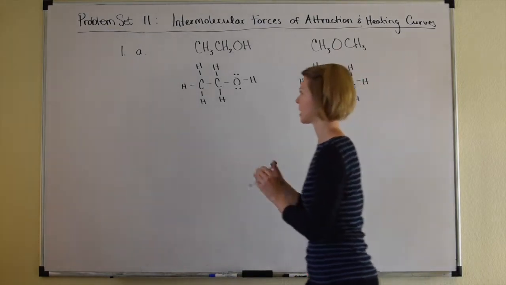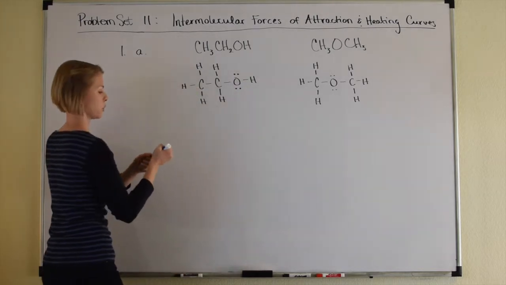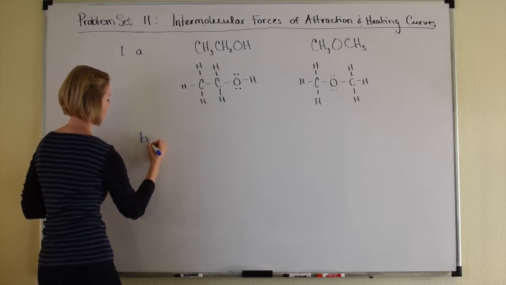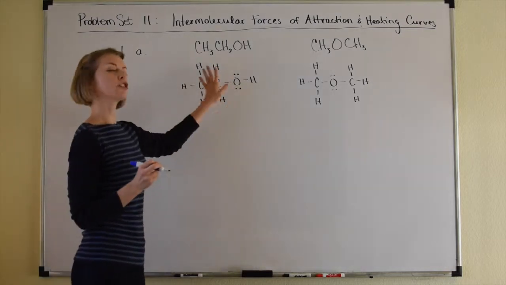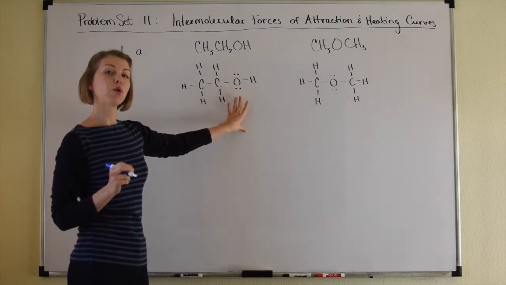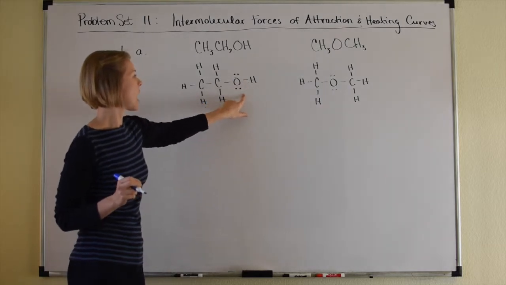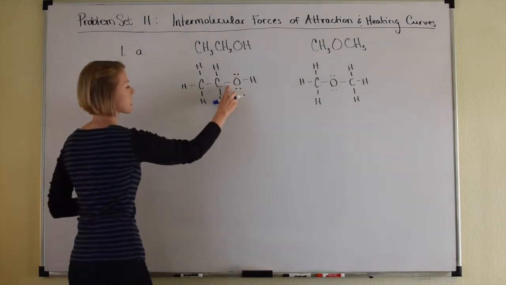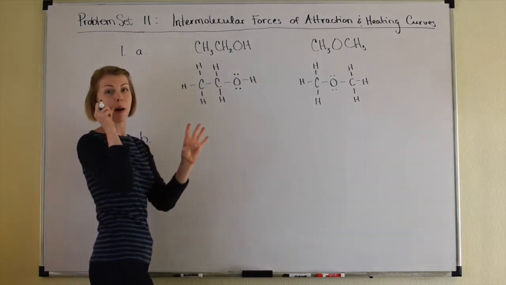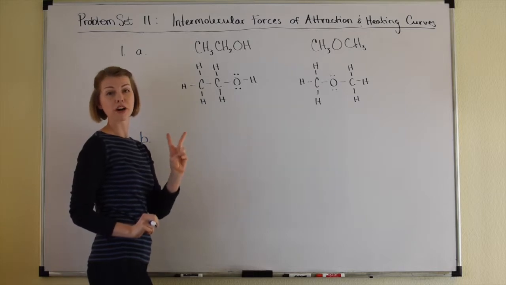Okay, so let's do B in a different color here. Do B in blue. What I want to do first is go ahead and redraw these 2 molecules and show the molecular geometry about the oxygen atom. In this case, we can see that we have 1, 2, 3, 4 charge clouds about the oxygen atom, but 2 of those are from lone pair electrons.